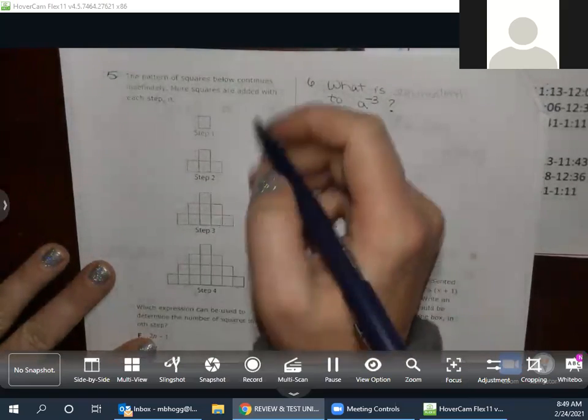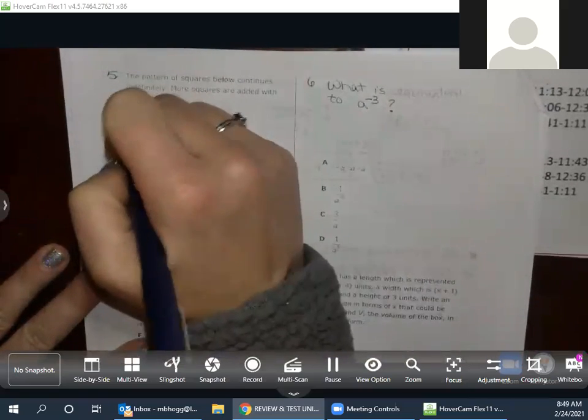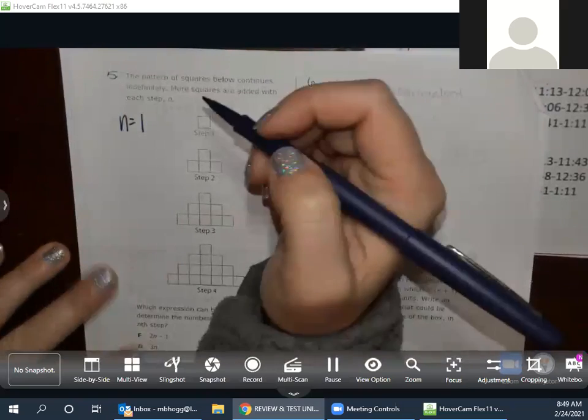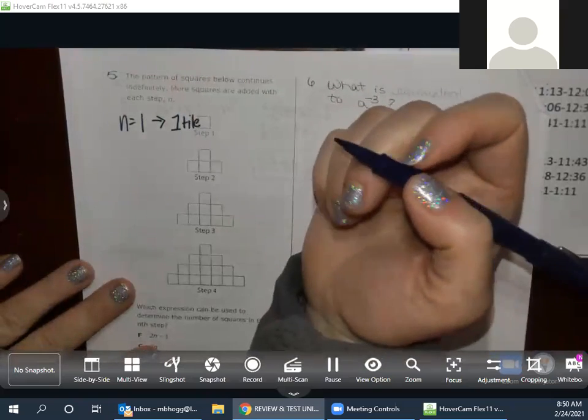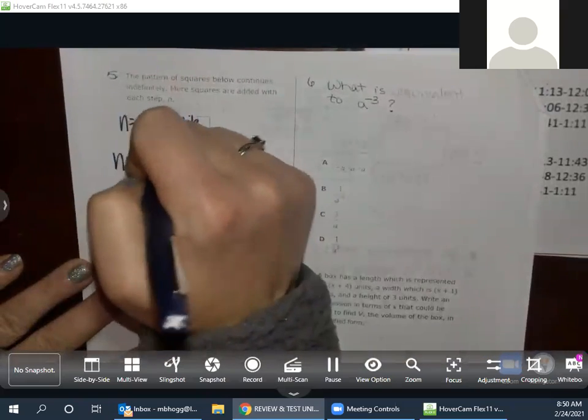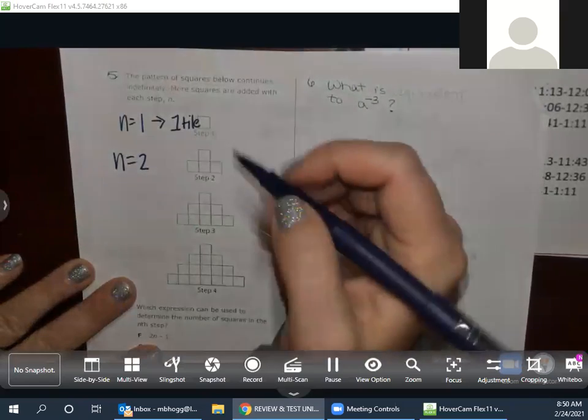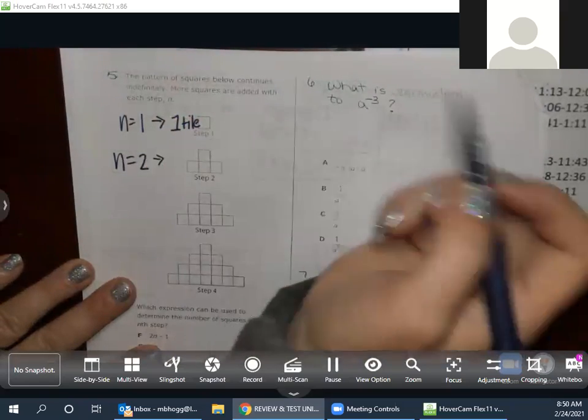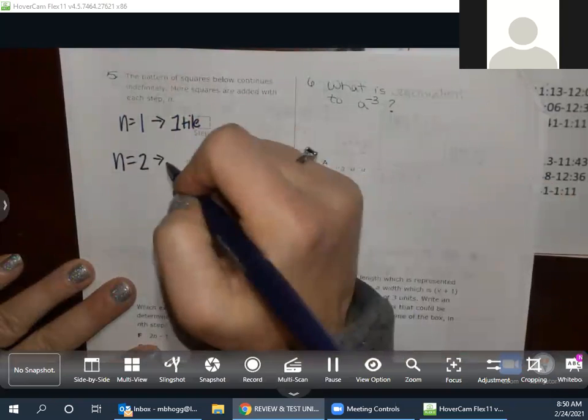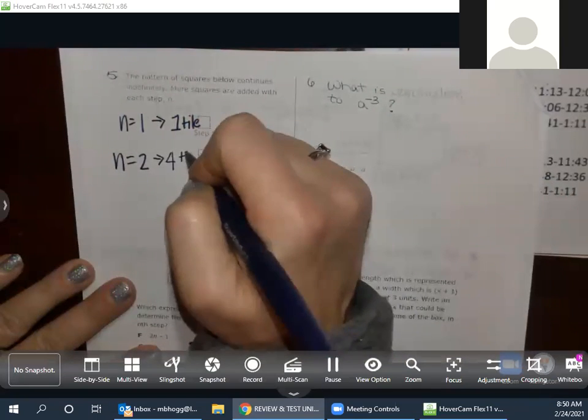So when n equals 1, the first level or step, there's 1 tile. When n equals 2, on step 2, how many tiles are there? Step 2: 4 tiles.